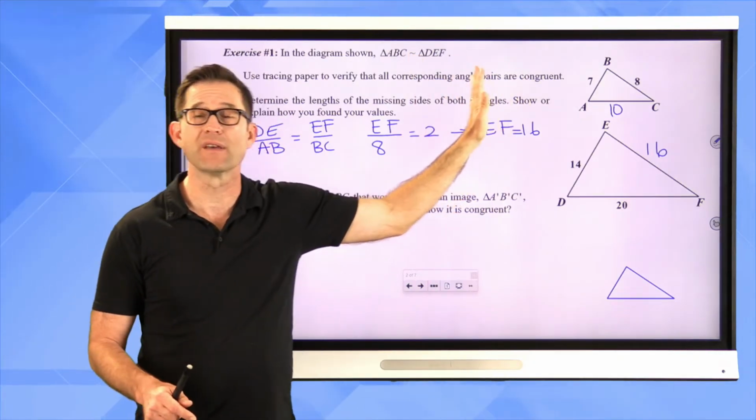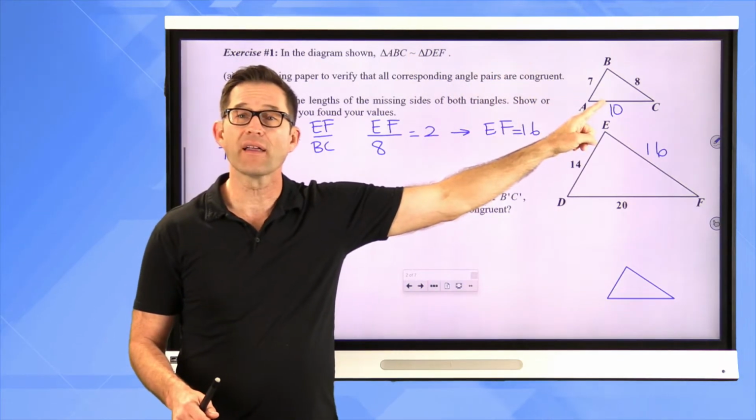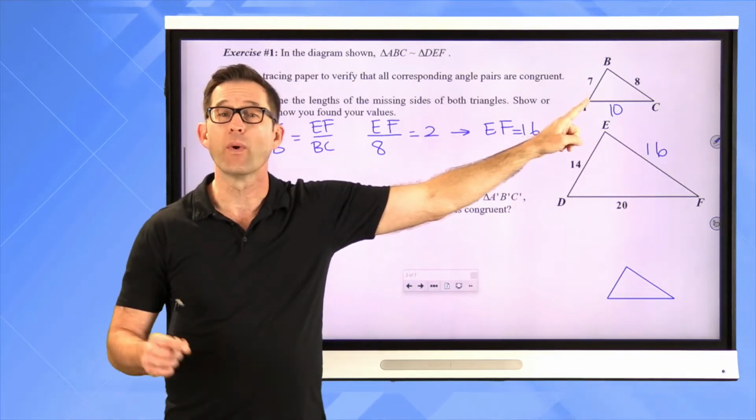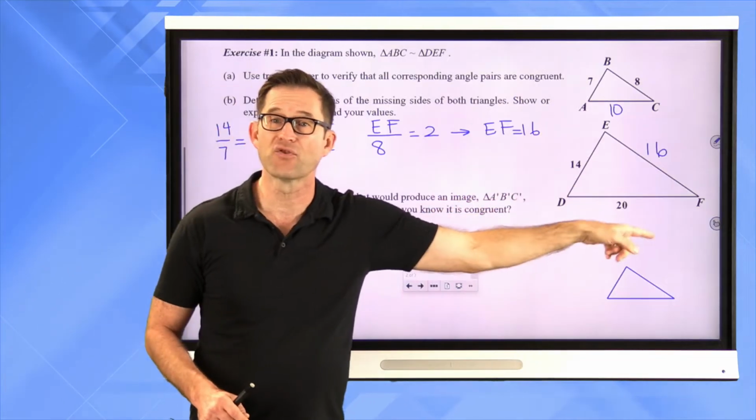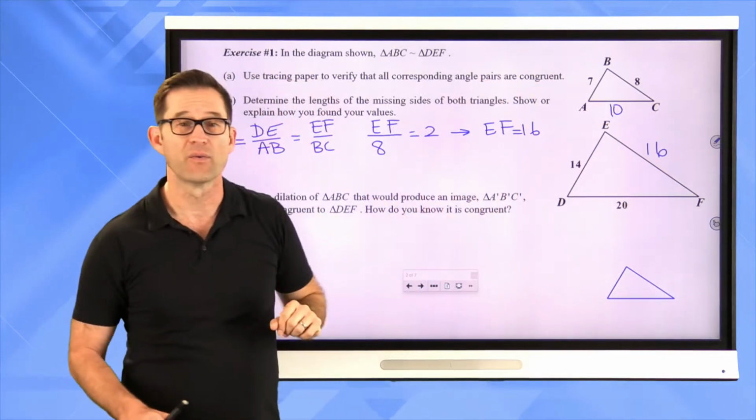Because no matter where the center of dilation is, if I dilate triangle ABC with a scale factor of 2, its side lengths are going to become 14, 20, and 16, right?